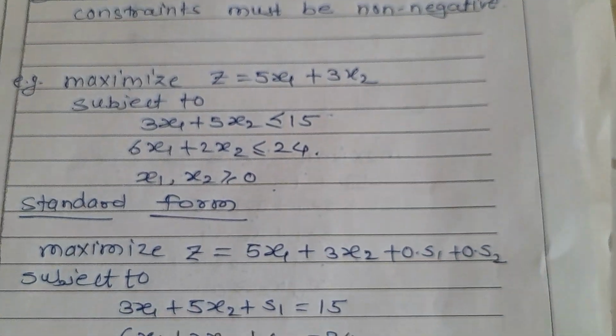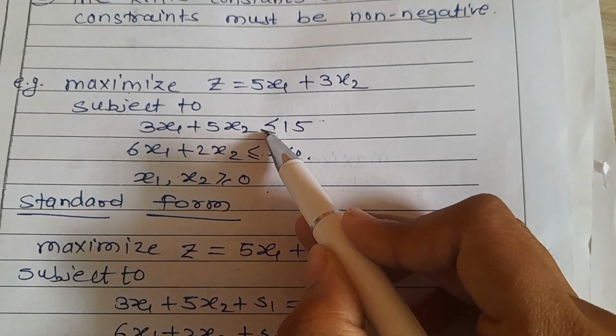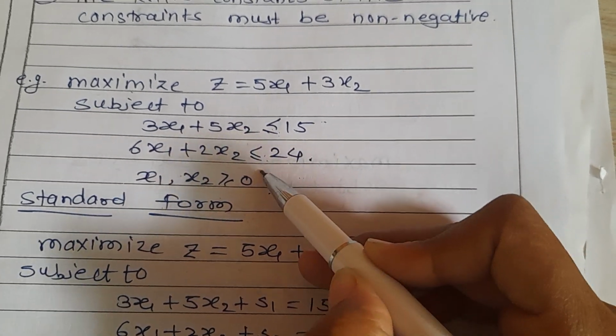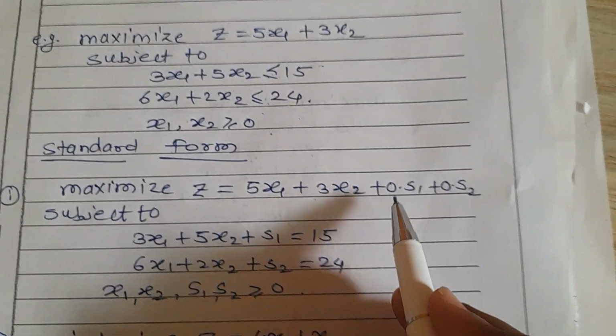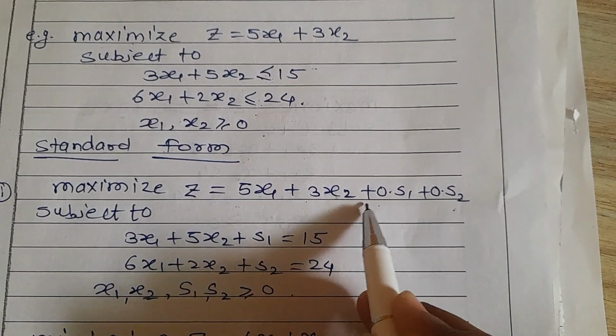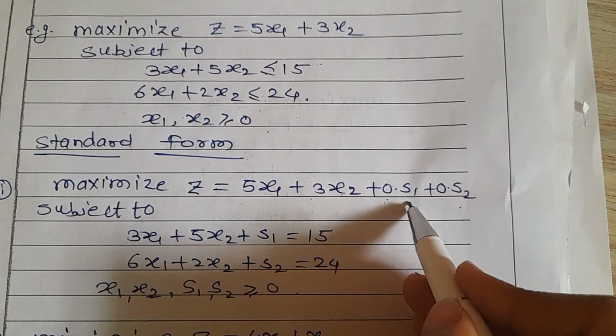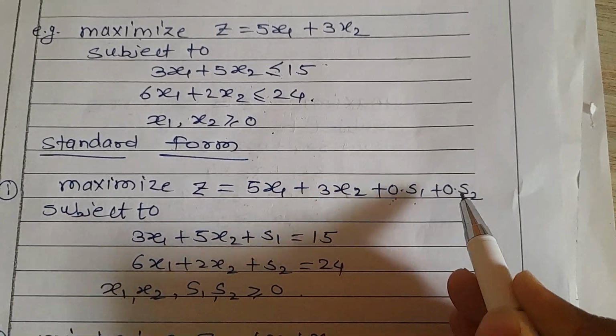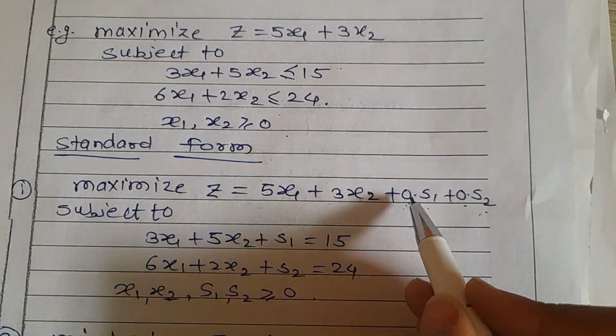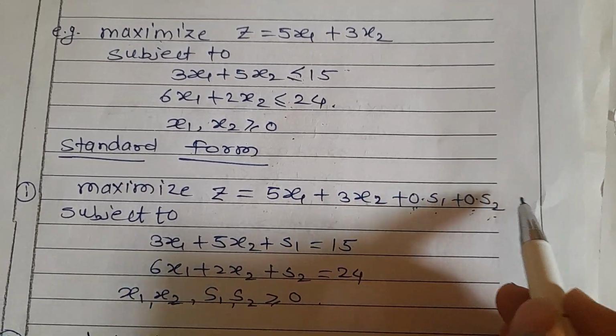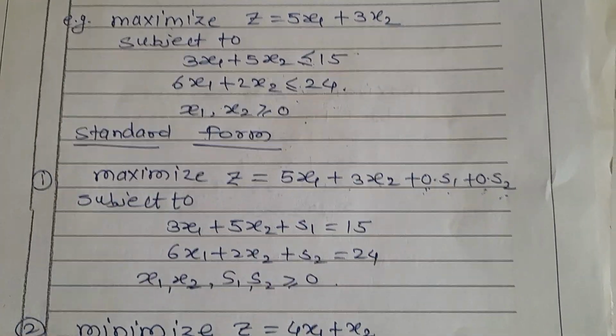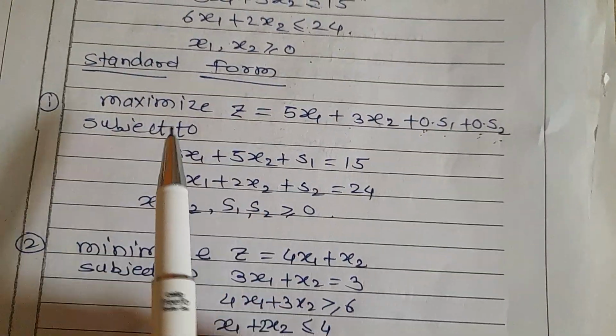Then our standard form is as follows: maximize z equals 5x1 plus 3x2, plus the slack variables. How many slack variables are here? First is here and second is here, s1 and s2. Therefore, in the objective function two variables are included, s1 and s2, multiplied by 0. Why multiply by 0? So there is no change in our objective function.